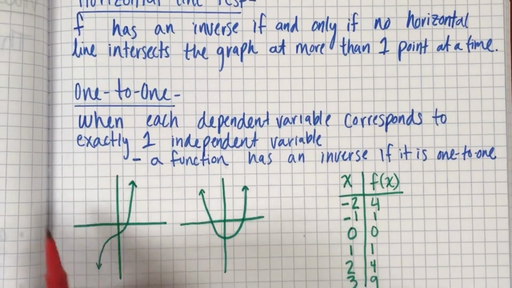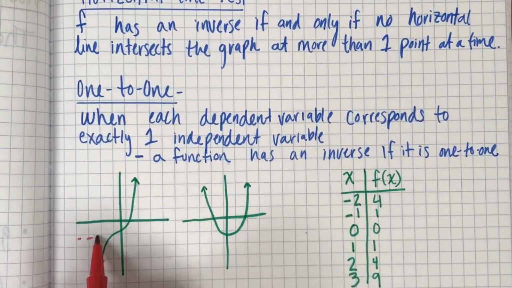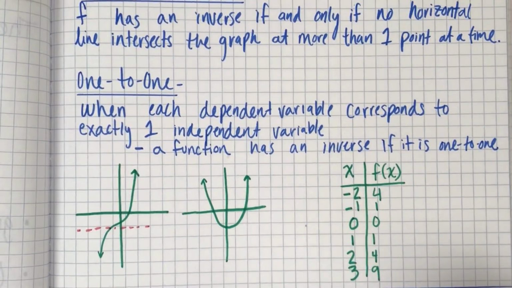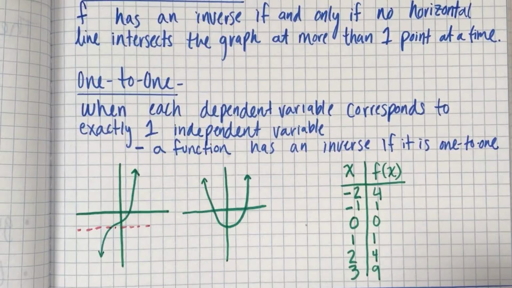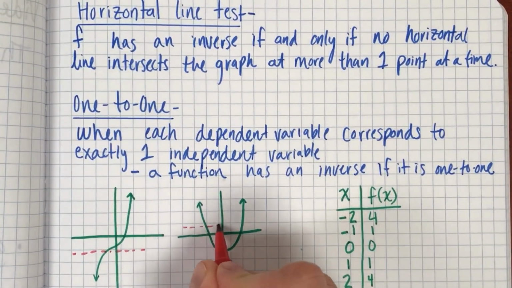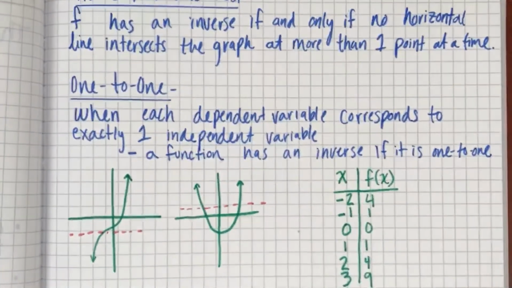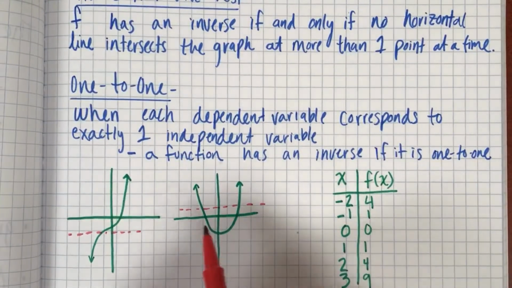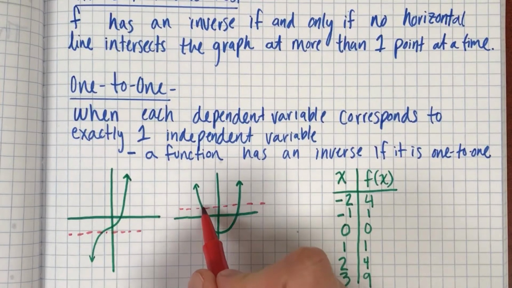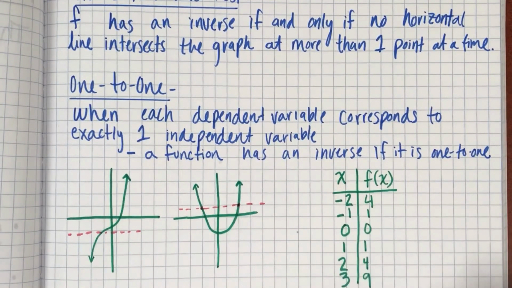So we take a look at our first graph. If I can draw a line anywhere here through this and I pass one point at one time, so that does have an inverse. However, on this quadratic, I can't. This does not have an inverse because it crosses that function at two different spots.